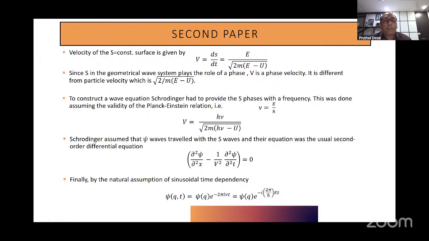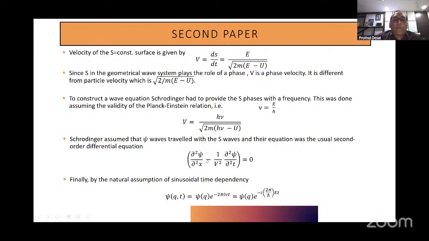So Schrödinger assumed that the psi waves travel with the S waves, and their equation was the usual second order differential equation. He says that the waves these phases represent travel with the S waves, and these waves are given by the usual second order differential equation, the wave equation as we know it.